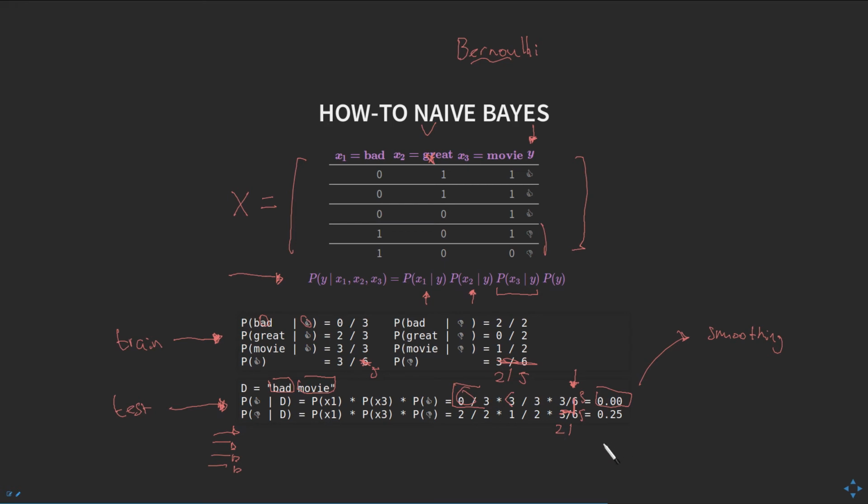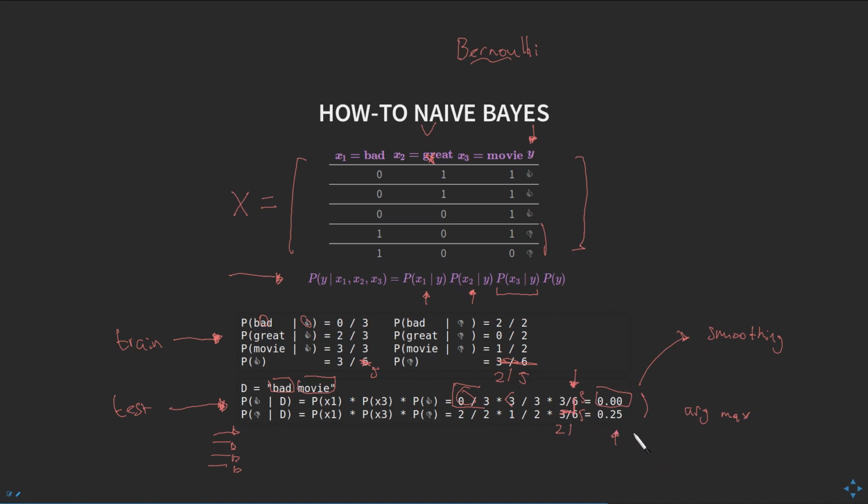Now we do this calculation. This will probably be a bit lower, but nevertheless, if we don't apply smoothing and we calculate the probabilities here, we have two probabilities. So note that again, if we had more classes, we would have had more probabilities. And then we do this argmax operation that looked a bit weird, but now that you can see that we calculated the probabilities, it might actually make sense.